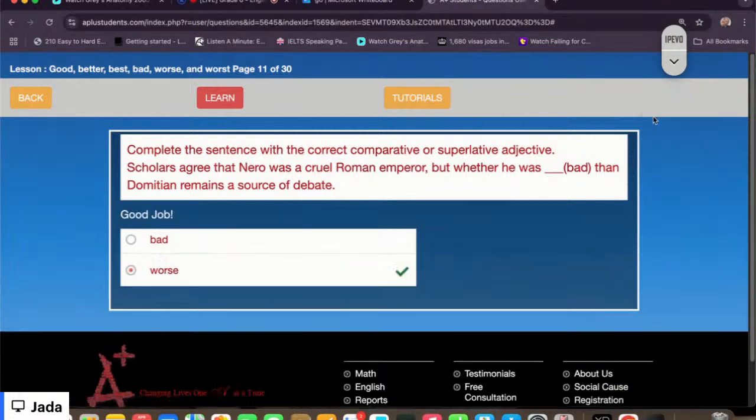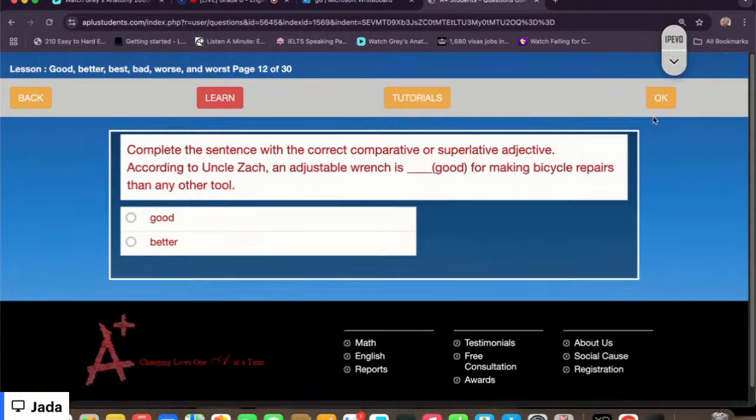Okay, so what is the right one here? According to Uncle Zach, an adjustable wrench is dash for making bicycle repairs than any other tool.